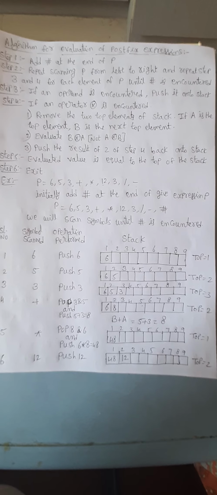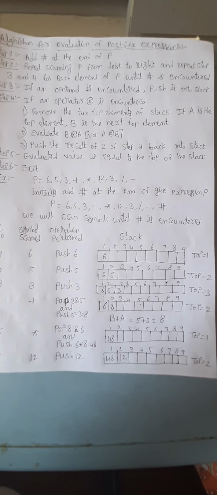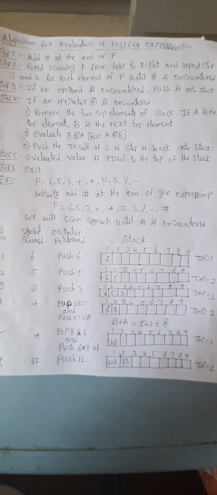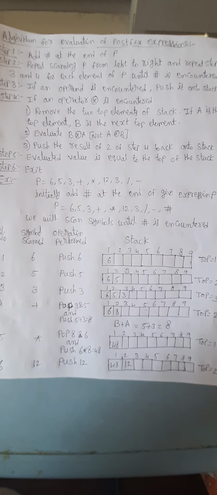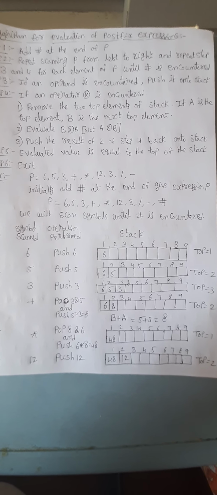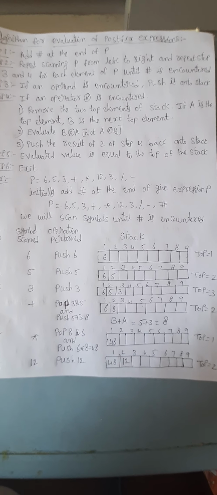And see step 3: if an operand is encountered, we have to push it onto the stack. That means if the expression contains an operand, we push it onto the stack.